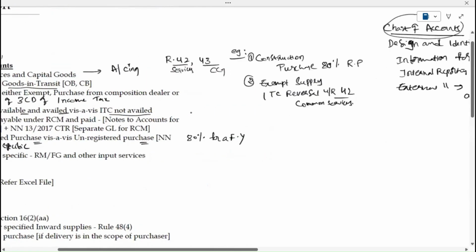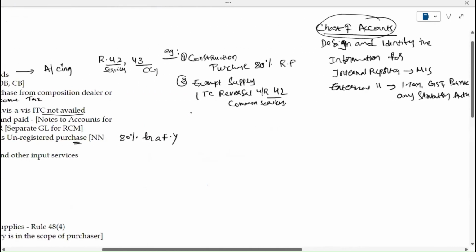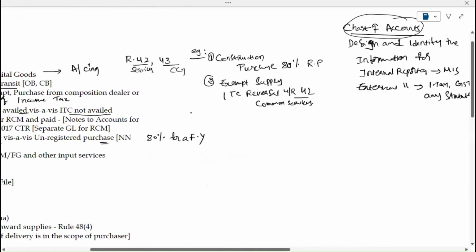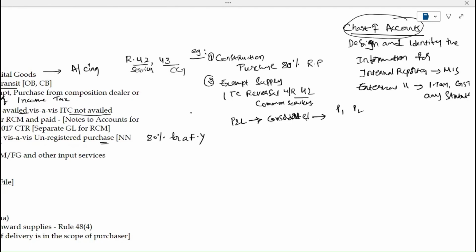Now, how do I do this? Whenever there is an audit of a construction business, I have a consolidated P&L. This consolidated P&L needs to be split into project 1, project 2, project 3, where I have income and expenses also. Project-wise, when I have expenses, I need to again break them up into registered and unregistered.